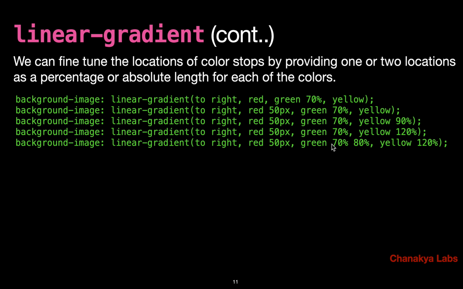However, you can also have two percentages or two pixels. Both can be percentage, both can be pixel, or one can be percentage and one can be pixel. It's just that you have to say where the thing is. But when two values are mentioned, then throughout that whole region that color will be there.